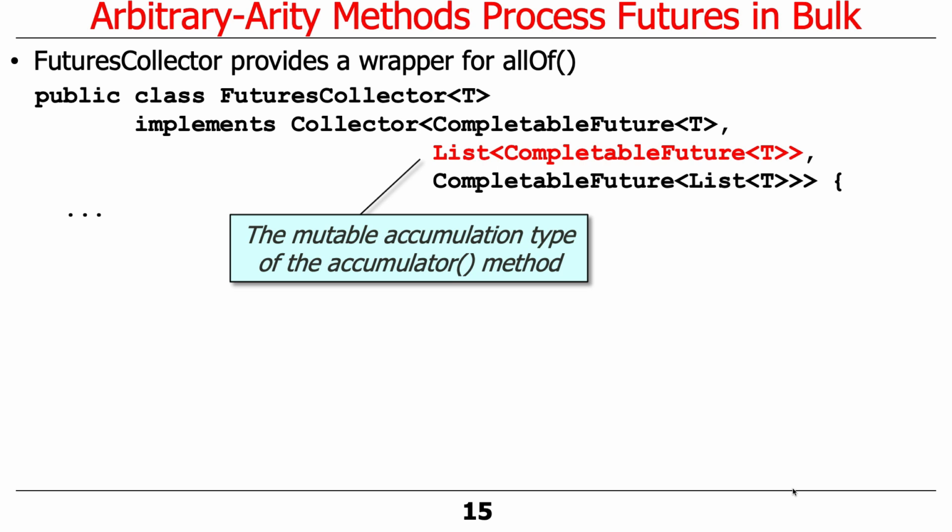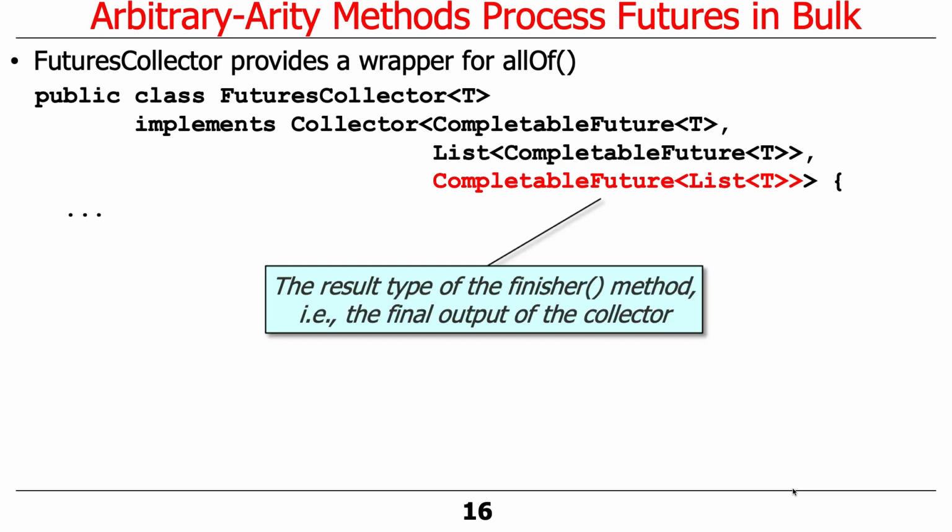The mutable accumulator type, in other words, what is being used inside the collector to keep track of the stream, will be a List of CompletableFuture of type T. And what's returned by the finisher method, the output of this whole thing, will be a CompletableFuture of a List of T. So we get a completable future which, when it triggers, will yield a list of values of type T that are no longer pending.